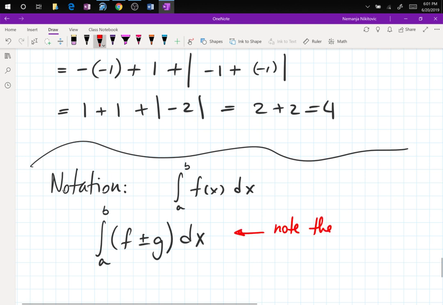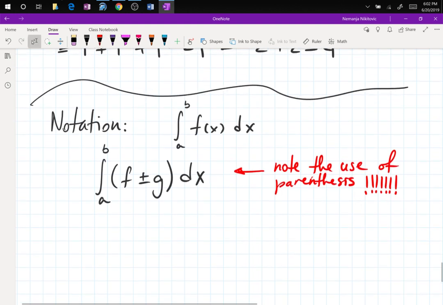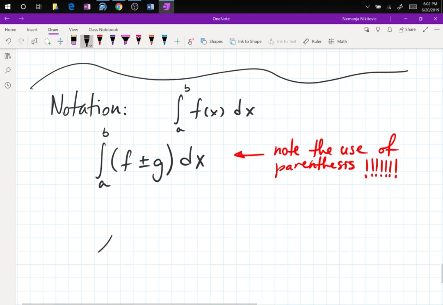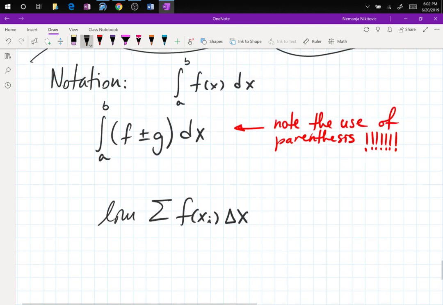Note the use of parentheses with 7 exclamation points. They are not there for decoration. If you paid attention earlier in class, you know that the limit of the sum of f of xi delta x is equal to the integral f of x dx.